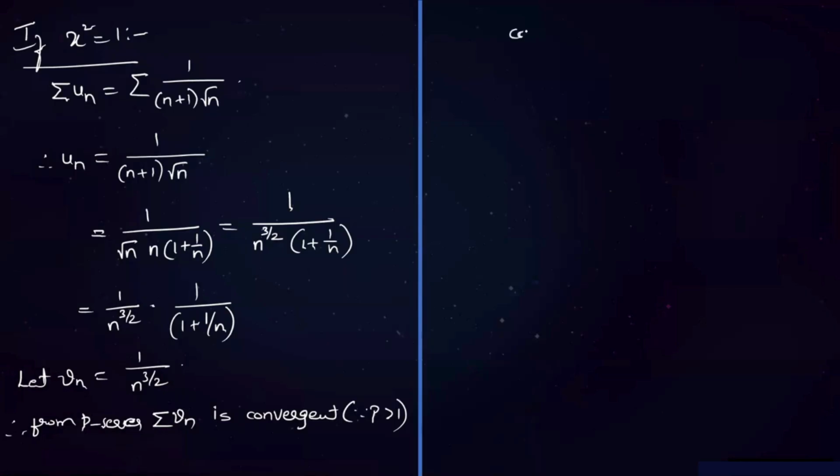To proceed with the comparison test, we need to get this limit as a finite and non-zero value. So let us consider the limit as n tends to infinity of un by vn. Look at un as well as vn here. un is all this, and you are dividing all these things by vn, 1 by n power 3 by 2.